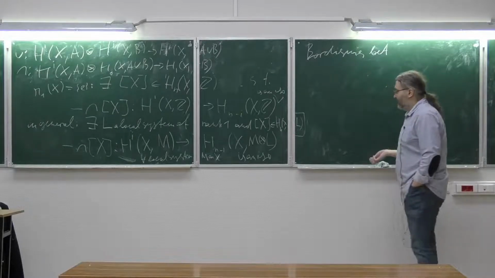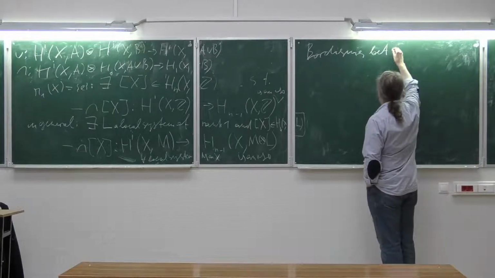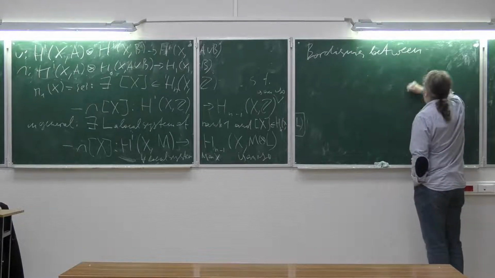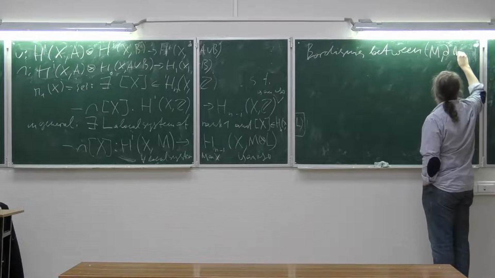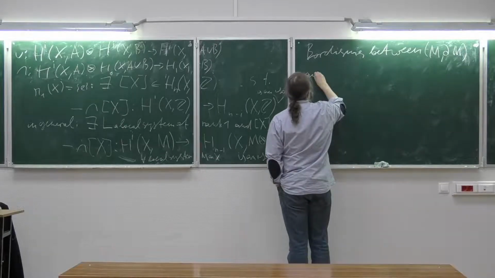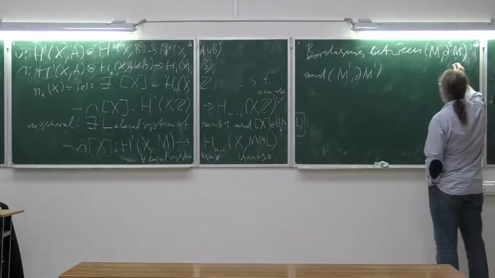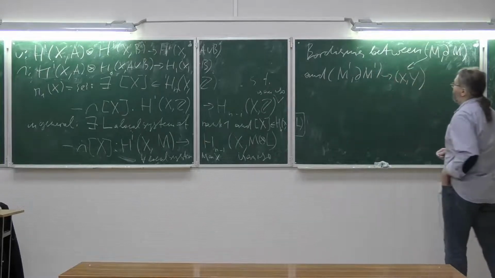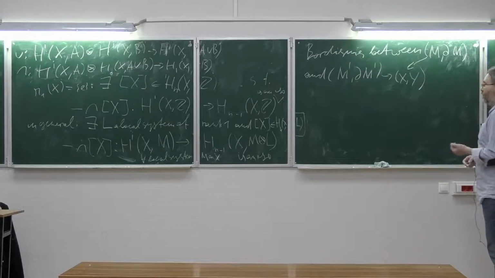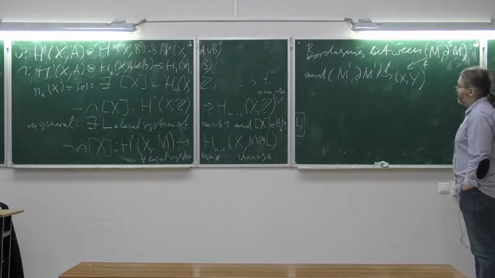But let's nevertheless write them down. I want to define a bordism between f and f prime, where f and f prime are maps of pairs.